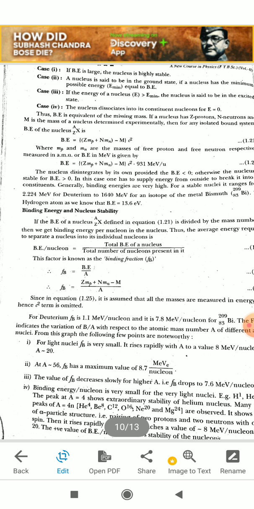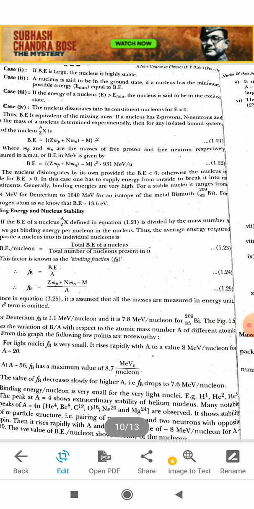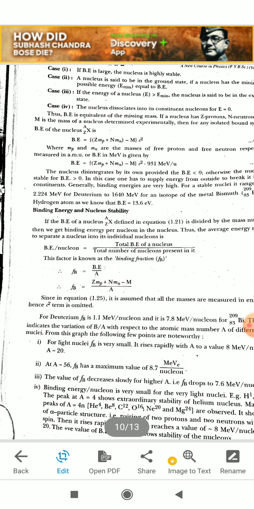It rises rapidly as the mass number increases, up to a value of 8 mega electron volt per nucleon. Between mass numbers 20 and 120 the binding energy is less, except helium, which has more binding energy.